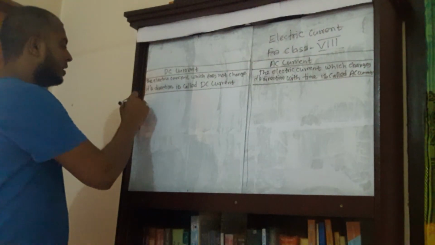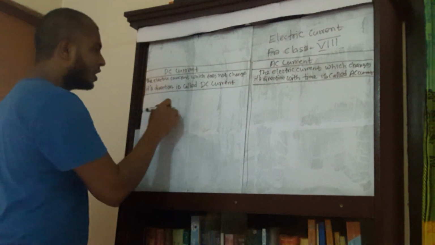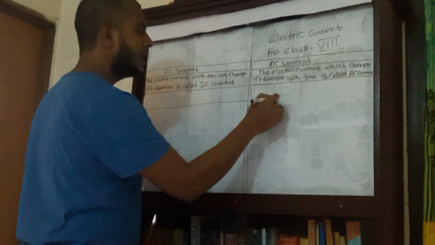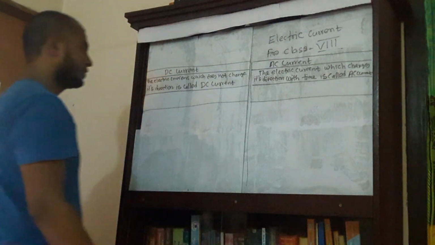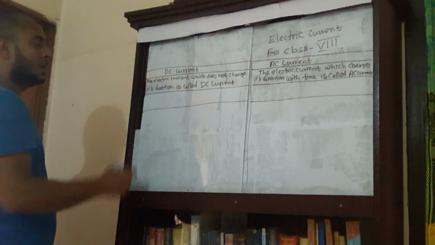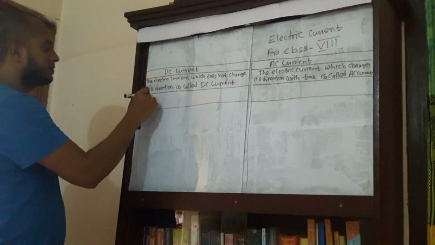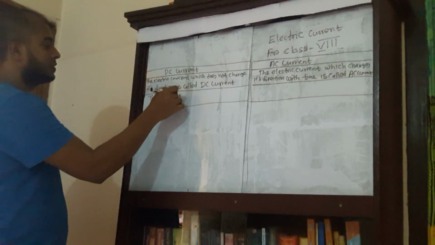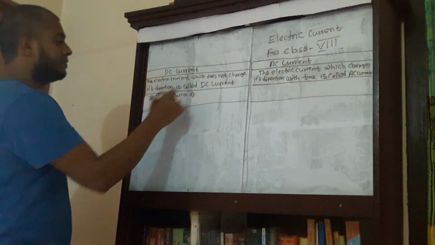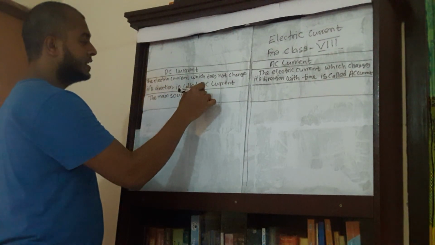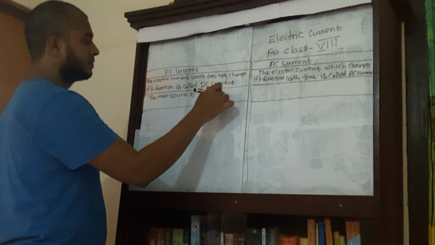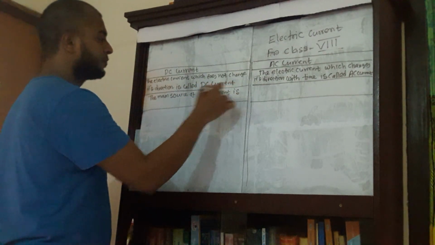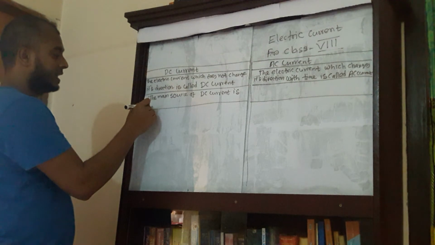Next point, we will give the source of AC as well as DC current. Source. The main source of DC current is an electric battery or cell.